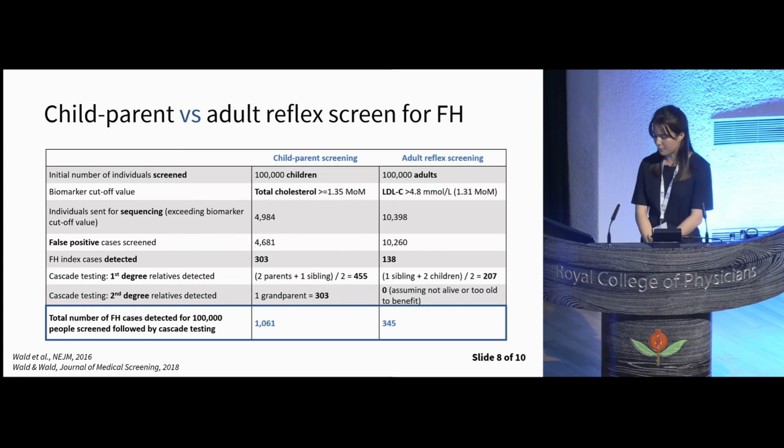So this means that for 100,000 individuals screened, the child-parent screen followed by cascade testing identifies 1,061 FH cases, while the adult reflex screen identifies 345 FH cases. While this difference might seem very large, we must remember that currently there's no population screening strategy in place for FH, so the adult reflex screen is still better than the current situation.